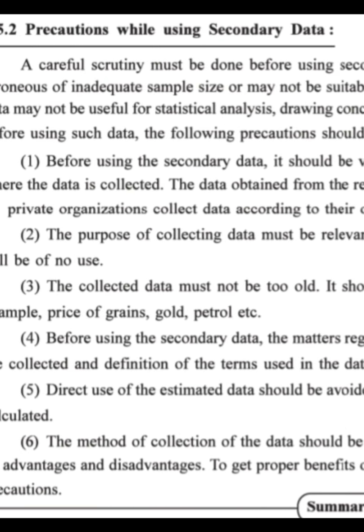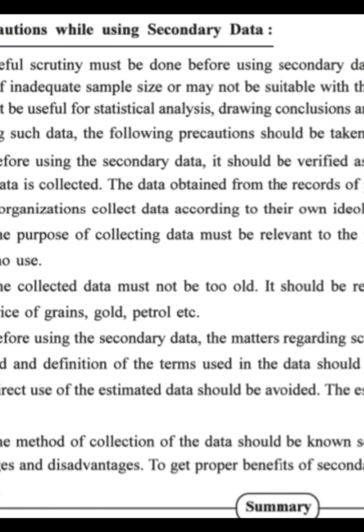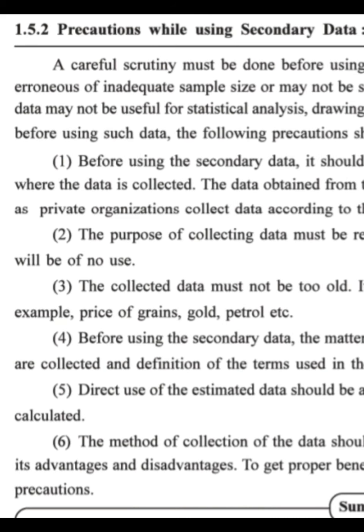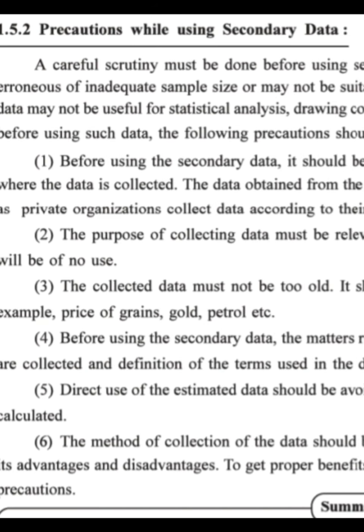So we must take care that the data are useful, proper, properly given and properly calculated, and only then should such data be used. That is the fifth precaution while using the secondary data.